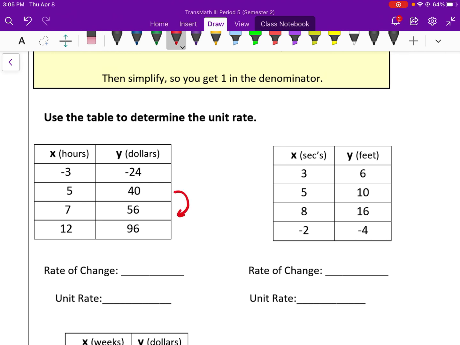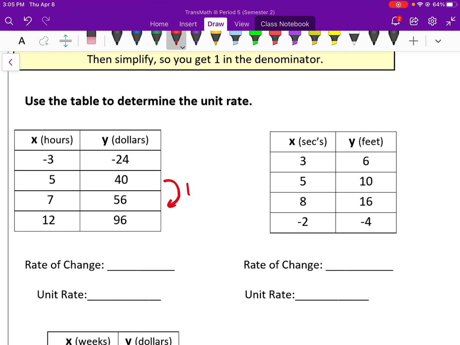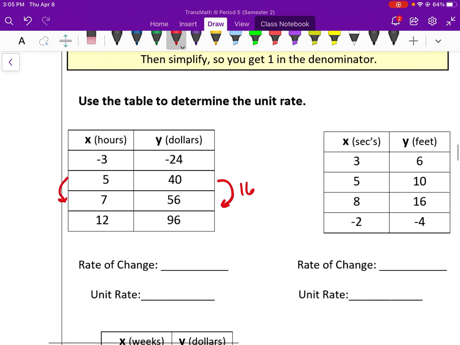I can go from 40 to 56. From 40 to 56, I get a difference of 16. That's my change in y. My change in x from 5 to 7 is 2.